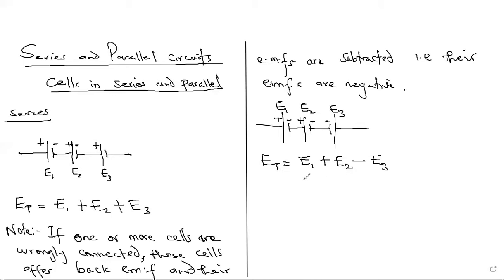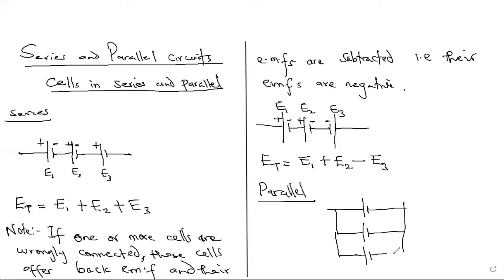So that's for series. Then if you have parallel, we have cells in parallel. For example, you have it this way. One cell like that, then another cell like that, and another cell like that. So this only applies when the cells are of equal EMFs, the same kind of cells. So let's say 2 volt, 2 volt, 2 volt, all through.